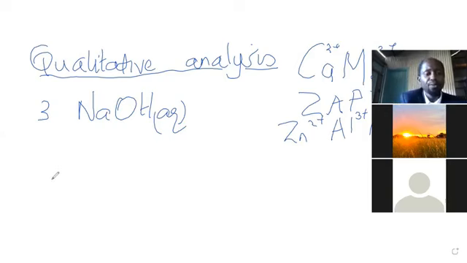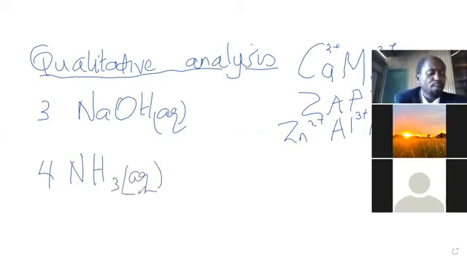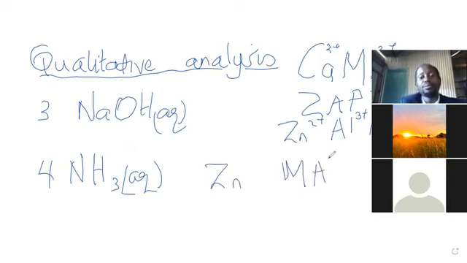Test number 4, ammonia solution, dropwise till excess. Here, we talk of zinc and another acronym, MAP.